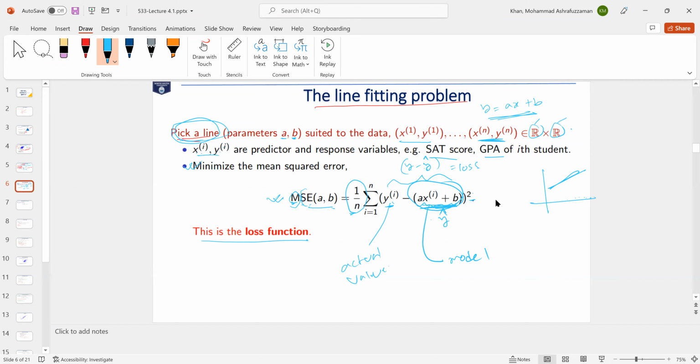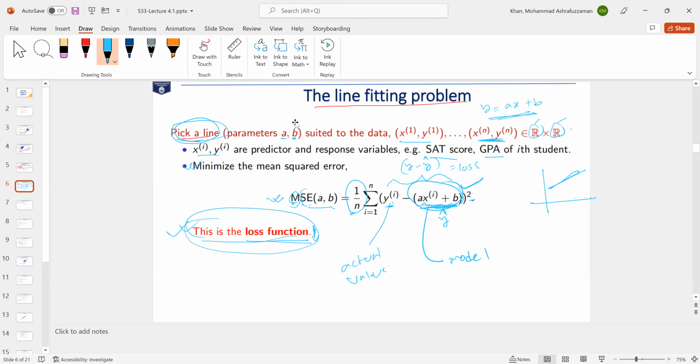That means the loss function will be minimized. In other words, to find a good model, we want to minimize this loss function. So the loss function can act as a guiding factor. It will guide us to find a model that gives us the lowest possible error value, or lowest possible loss value.